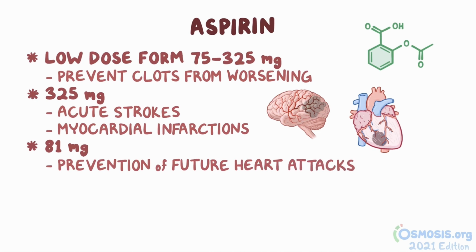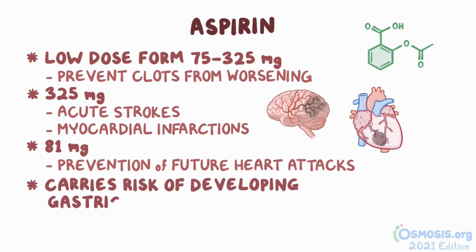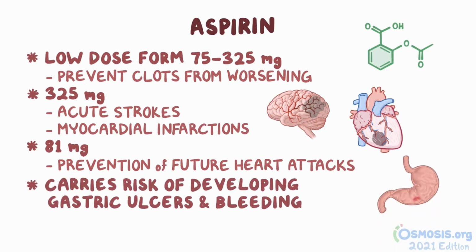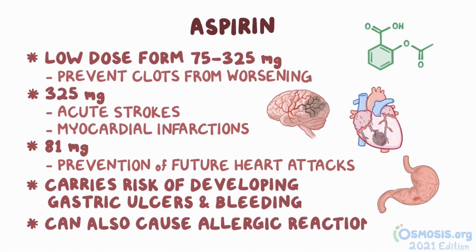Aspirin, when used as an antiplatelet in low-dose formulations, carries a risk of developing gastric ulcers, as well as bleeding. Aspirin can also cause allergic reactions at low doses. Patients with aspirin allergy can develop bronchoconstriction, or narrowing of the airways, causing shortness of breath and wheezing.